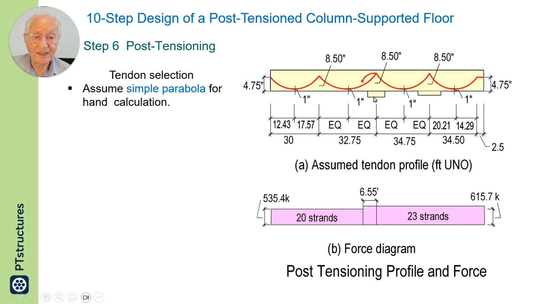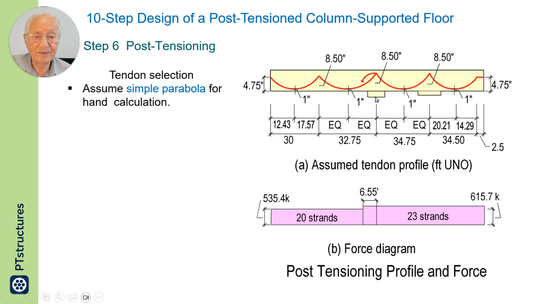And I have assumed here a column drop and a drop panel. The drop panel is larger than the column drop. It provides resistance for bending moment, which extends farther away from the face of the column, and this is for punching shear.